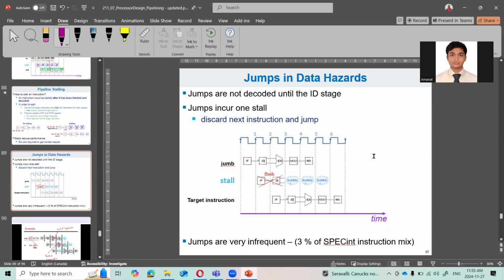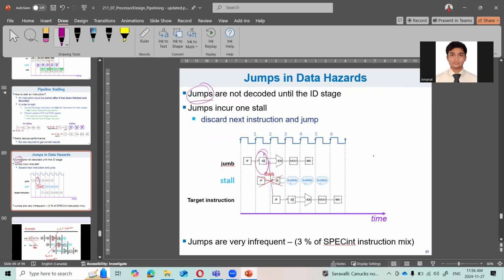Same in the case of jump, right? For jumps, you can know whether you are jumping or not in this stage, right? So you can have one stall and then tell what the next instruction will be here.